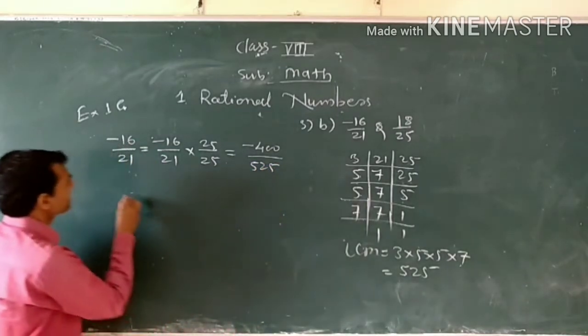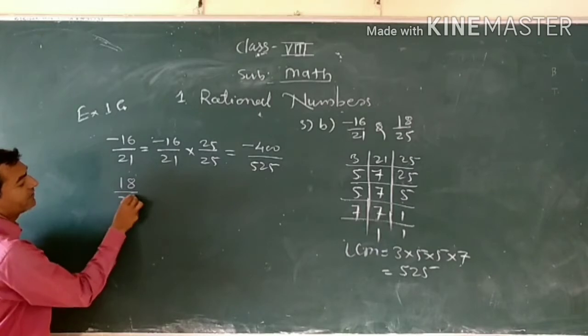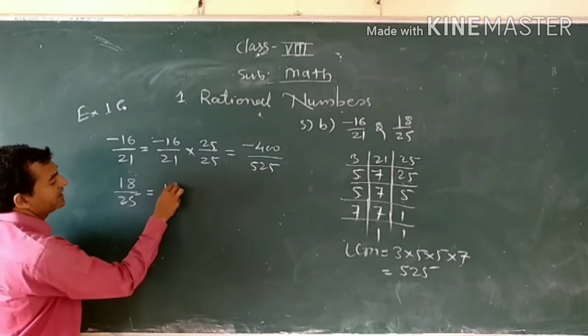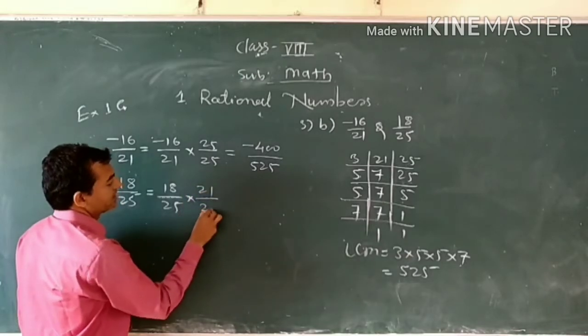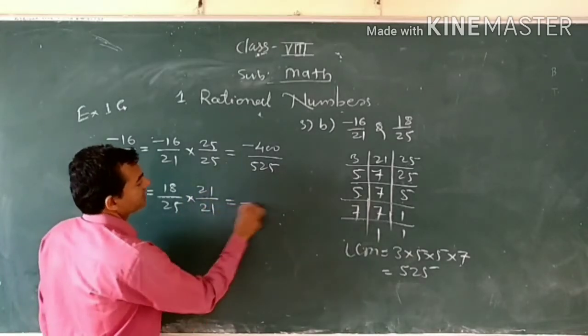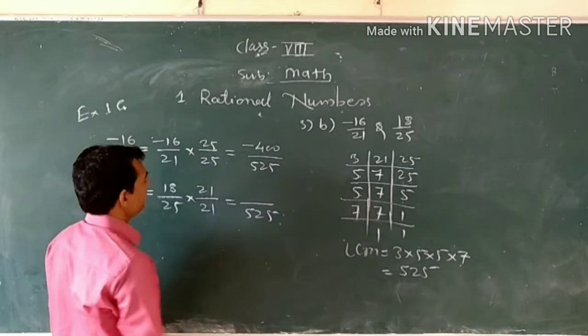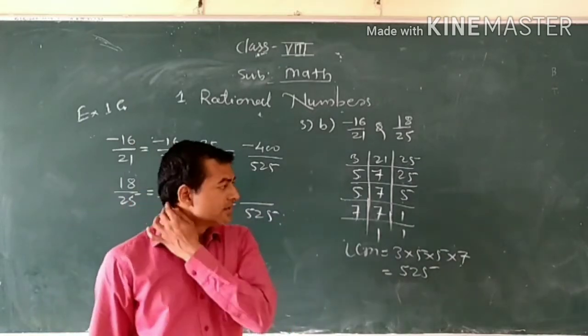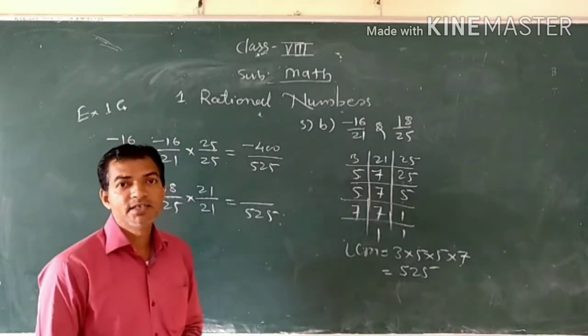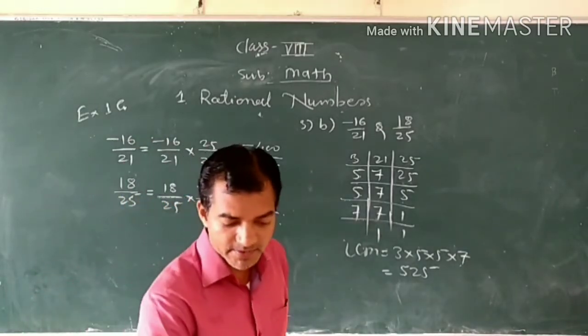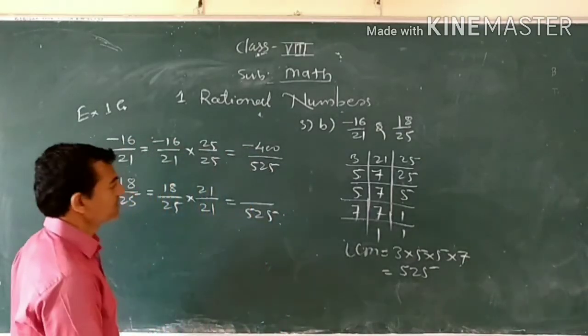Now the next number, 18 by 25, you have to multiply by 21 on the top and bottom, so you get 525. And 18 into 21, can you find it? What is the answer? Find 18 into 21.